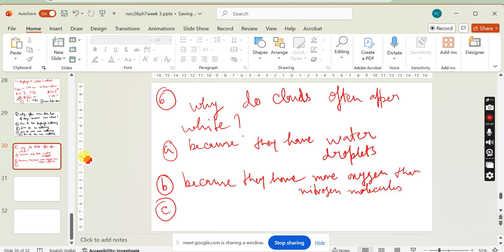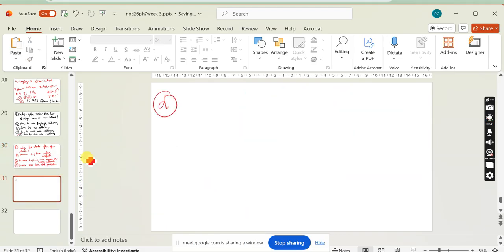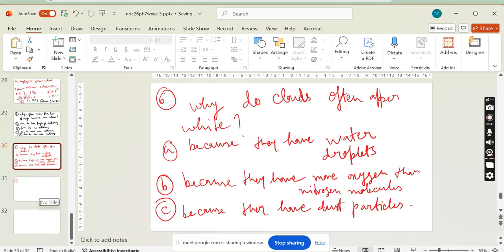C, because they have dust particles. Dust particles are not generally present in clouds.